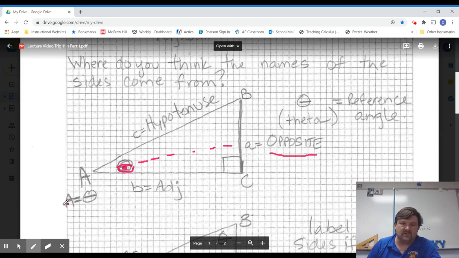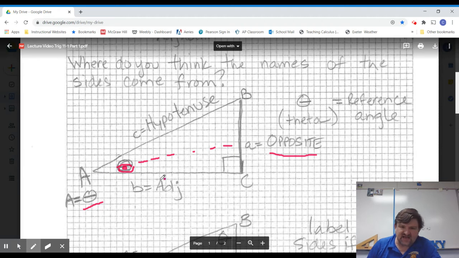So this angle, A, is theta in this one. B can be theta. Any one of these angles can be theta. They have to tell you that. So this reference angle is A. And since theta is A, then what we're looking at is that this is opposite.